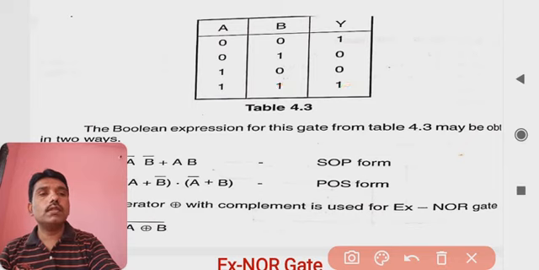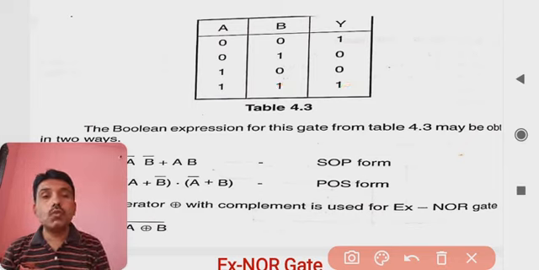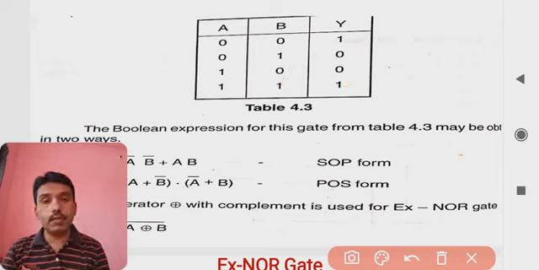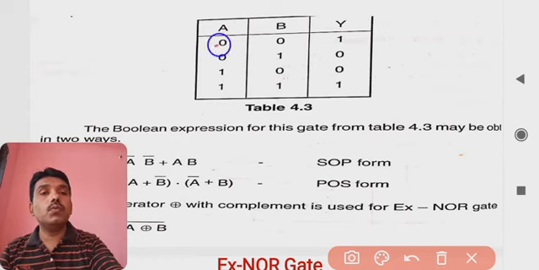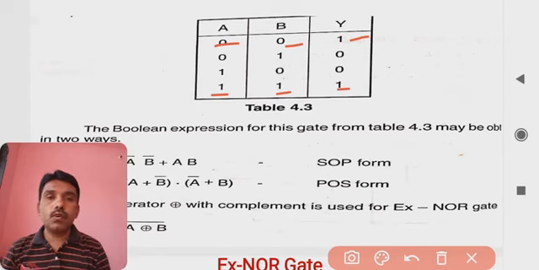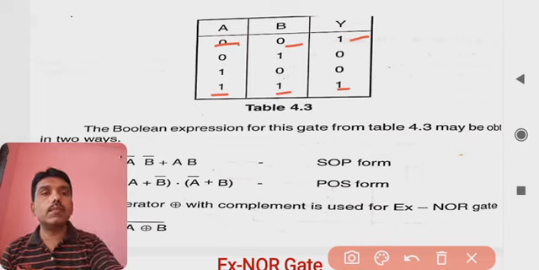So this is the case where the exclusive NOR gate is the gate having the logic that when all the inputs are same, the output is 1. And for the exclusive OR gate, the logic is that when all the inputs are same, output is 0.